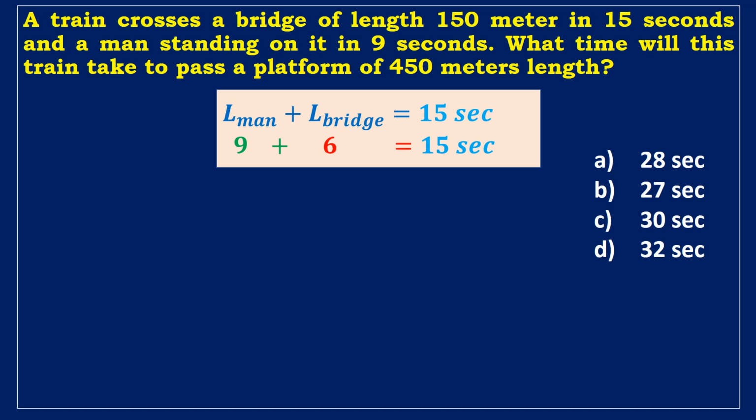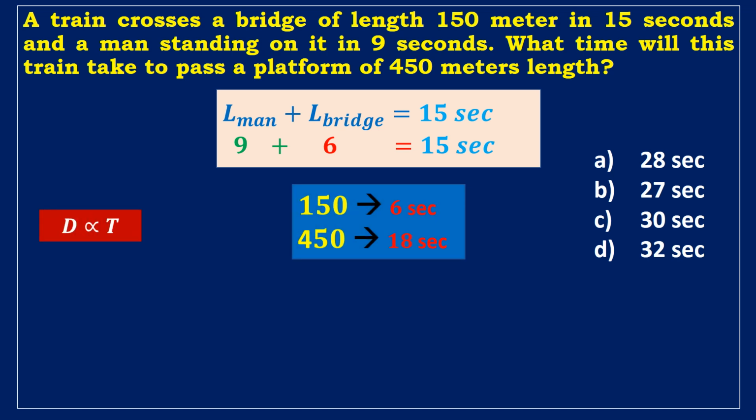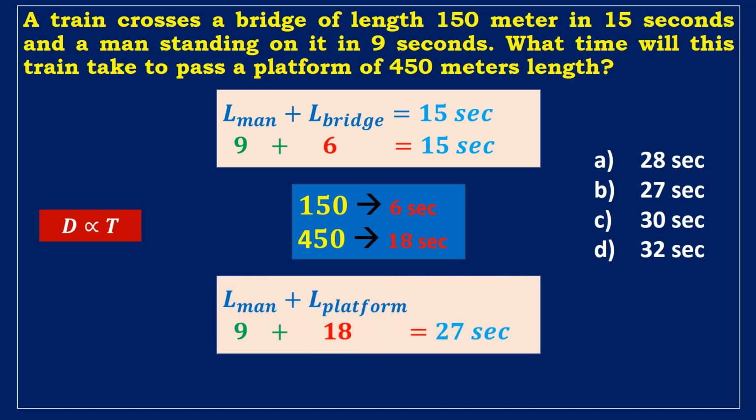If a train crosses a 150 meters bridge in 6 seconds, then it will take 18 seconds to cross the 450 meter platform. The answer options are not available in 18 seconds. So, we assume that the man is standing on the platform. The time taken to pass the platform is 18 seconds plus 9 seconds, which equals 27 seconds.